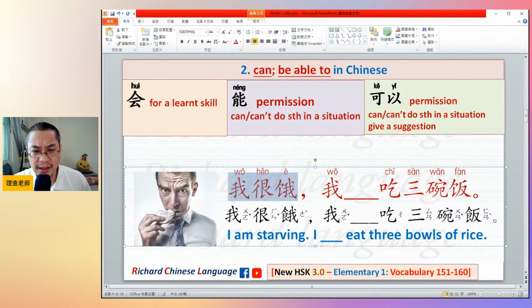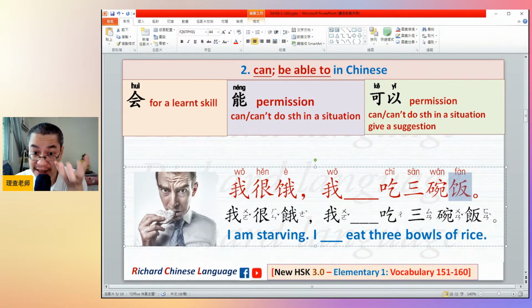我很饿。I'm so hungry. 饿 means you're so hungry. You're starving. 我很饿。我吃3碗饭。Okay, 吃 eat. 3 means 3. 碗 means bowl, right? 3 bowls of 饭, rice.